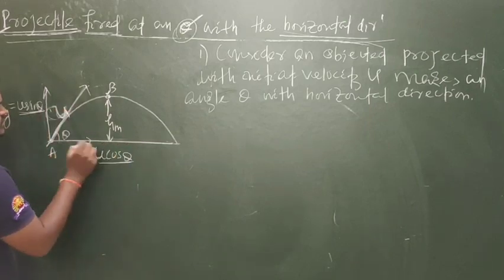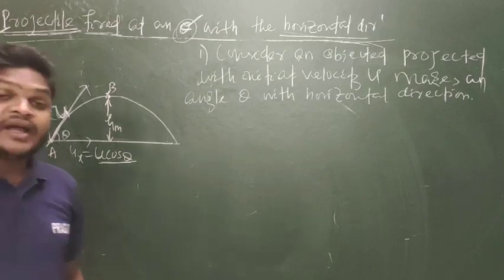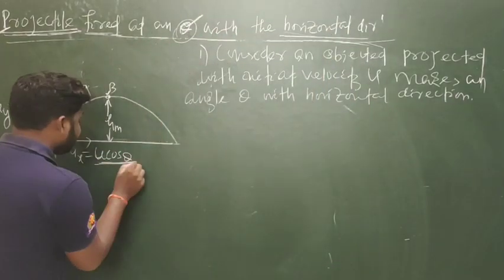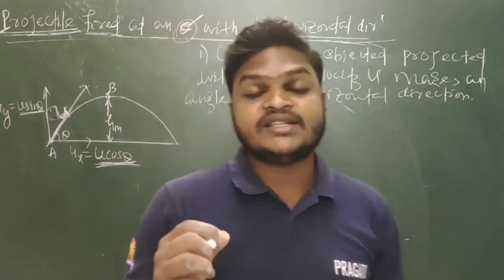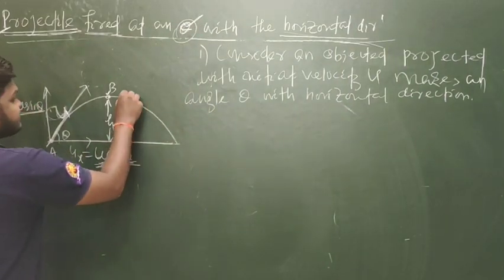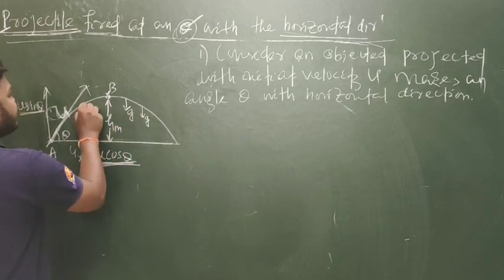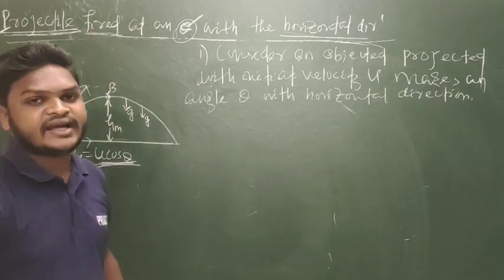Along the horizontal direction, u is divided into the u cos theta component, and along the vertical direction, it is the u sin theta component. And you have already learned that horizontal velocity is always constant throughout the motion because it is not influenced by gravity. As we discussed in the previous class, acceleration due to gravity is always experienced in the downward, vertical direction.